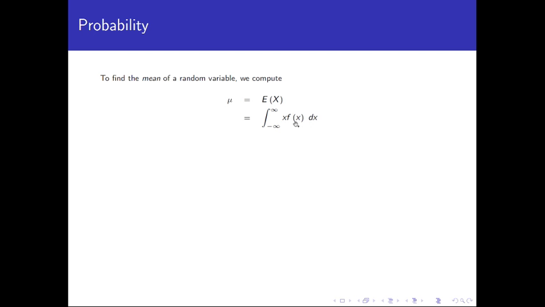Well, remember the f of x is a density, so what you're calculating is a weighted average. You're going to take the x value and multiply it by the weight and then add it up. This is kind of like what you do when you calculate your grades. For example, say your homework is worth 20% of your grade, your in-class exams are worth 30% of your grade, and your final exam is worth 50% of your grade.